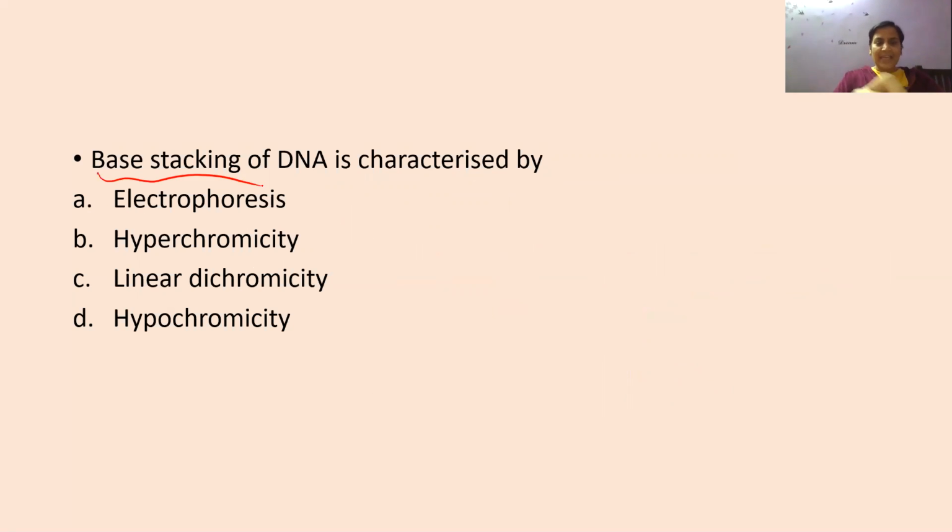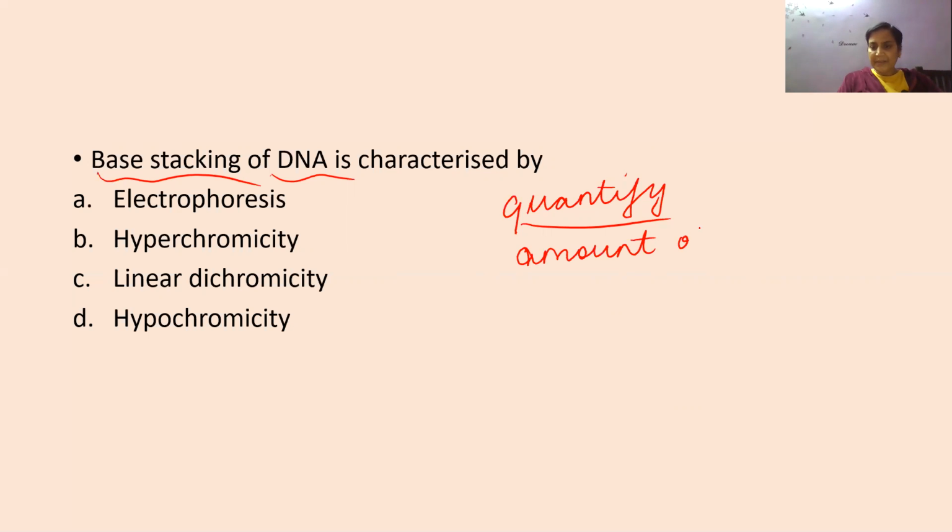Now, base stacking, what do you mean by the term base stacking? It is actually, because whenever we have to study the absorption of DNA, whenever we have to quantify DNA, we can quantify only on the amount of the bases present, isn't it?